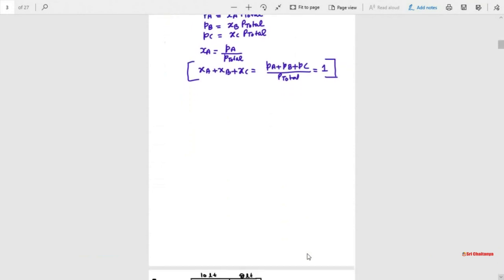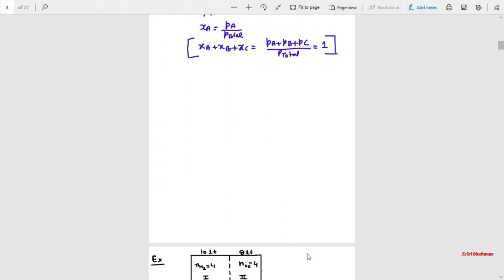Now, while solving problems, what is the conceptual thing about partial pressure? When I write that the partial pressure of a gas A is equal to the number of moles of that gas times RT divided by the volume of the container, from this equation I can say that the partial pressure of a gas depends, first, on the number of moles of that gas, being directly proportional to moles of gas.